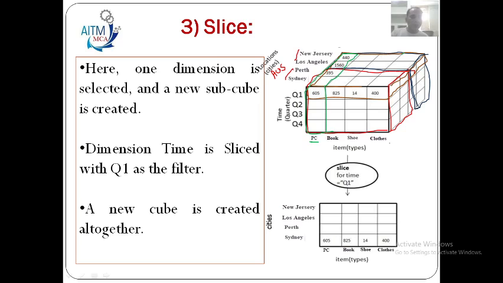So I removed only the information of that item. If you bisect, or slice, vertically like this, you will get the information of the sliced item: first quarter, second quarter, third quarter and fourth quarter in the respective cities.